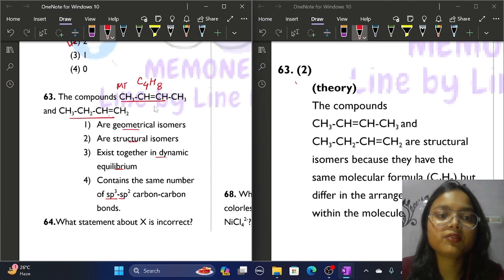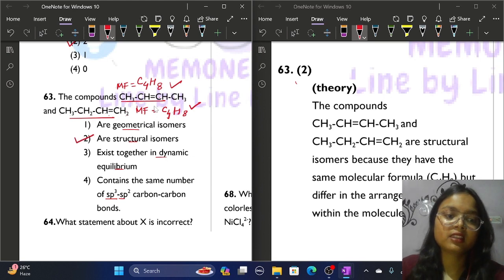So its molecular formula is C4H8. For the second structure also, 4 carbons, so C4, and the hydrogens: 3, 4, 5, 6, 7, 8, also 8. So these two have the same molecular formula. It is clear now, so option 2 is correct. Let's move on to the next question.